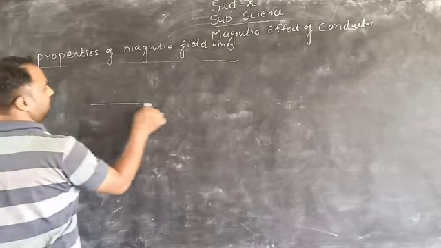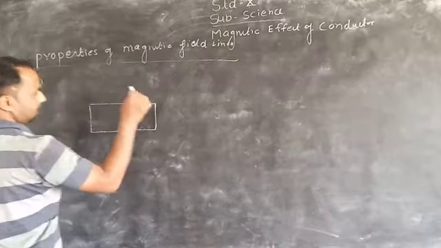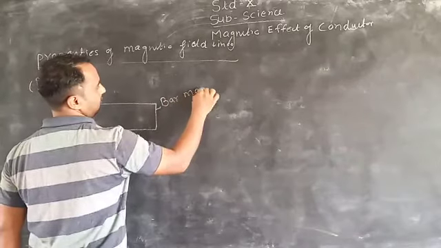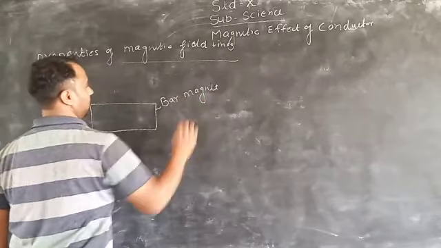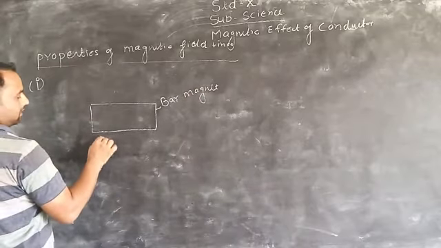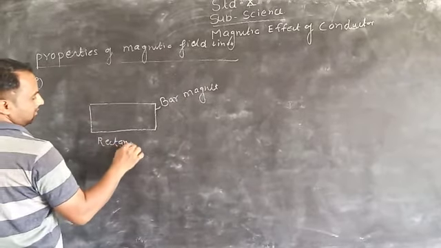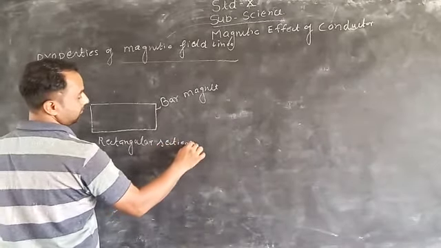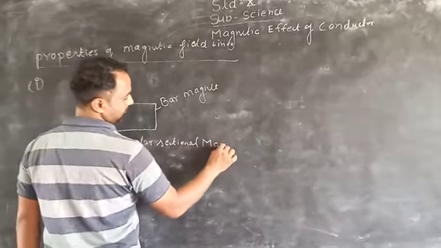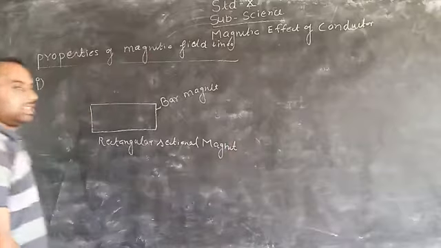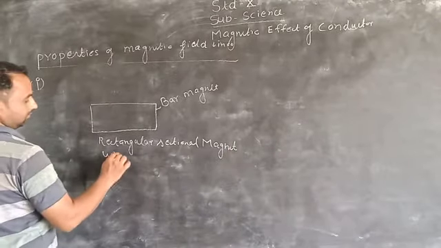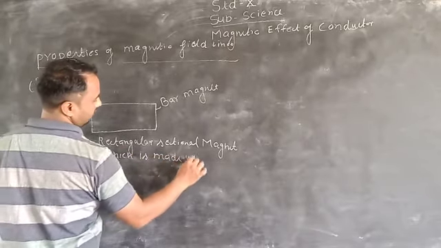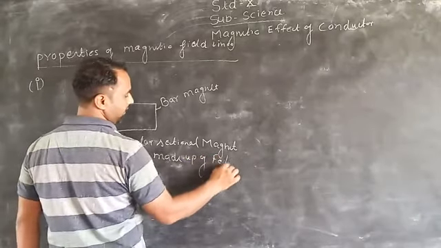Suppose we have a bar magnet. This is called a bar magnet. This bar magnet is a rectangular section magnet, which is made of Fe.